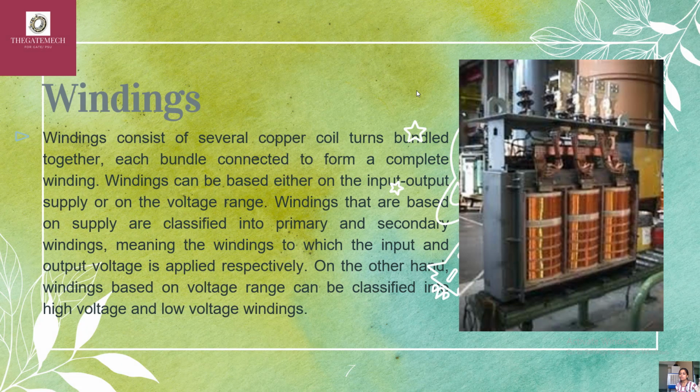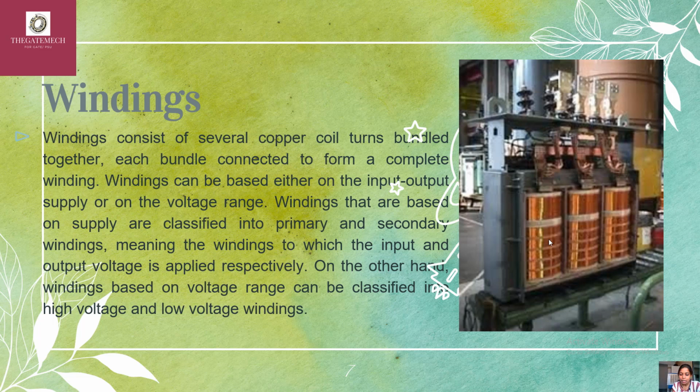The second main part is winding. Winding consists of several copper coil turns bundled together, each bundle connected to form a complete winding. There are two types of winding in a transformer: primary winding and secondary winding, and both windings are connected with the steel core.